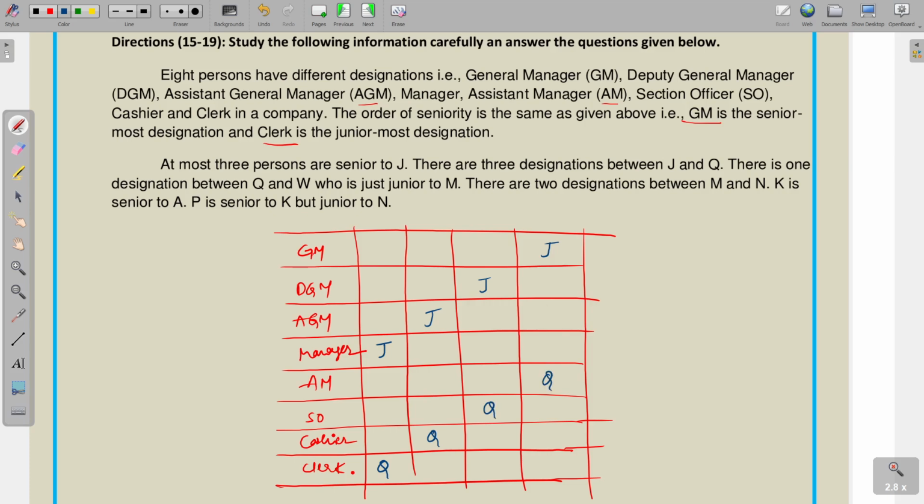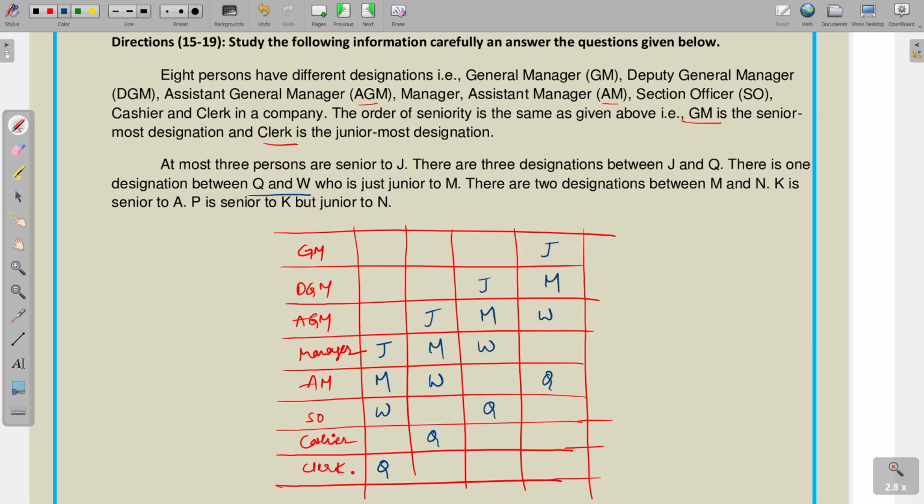And next, there is one designation between Q and W, who is just senior to M. So one designation between Q and W, and W is just junior to M. So here M is placed.